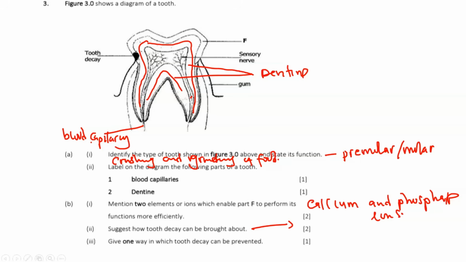When the cavity reaches the dentine, the tooth starts getting painful, and it increases further when the cavity reaches the pulp cavity. So from there you can extract how it is brought about.